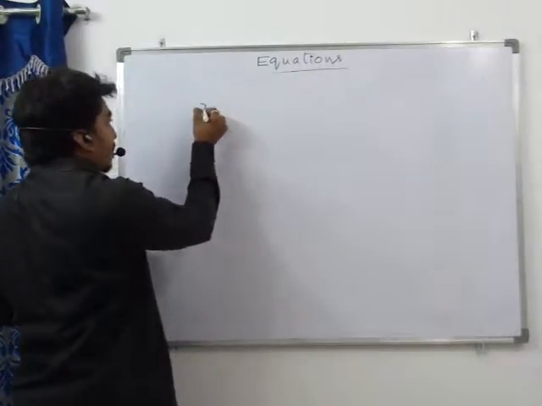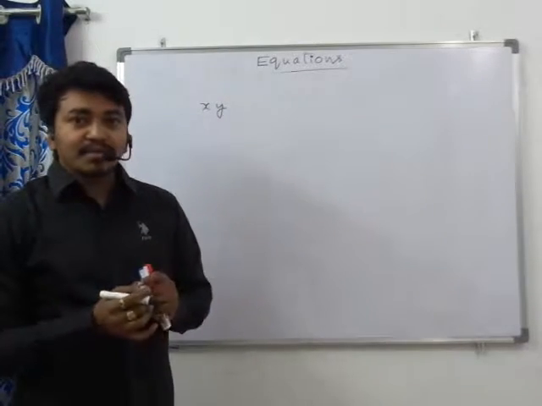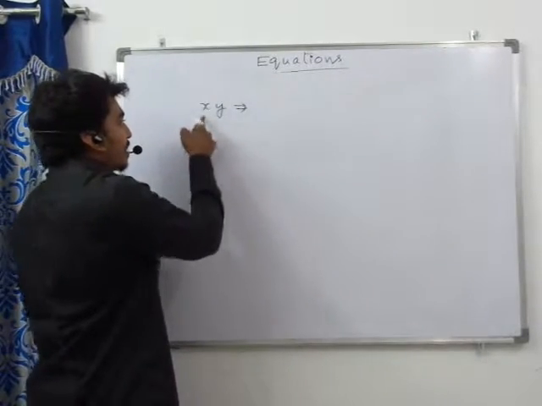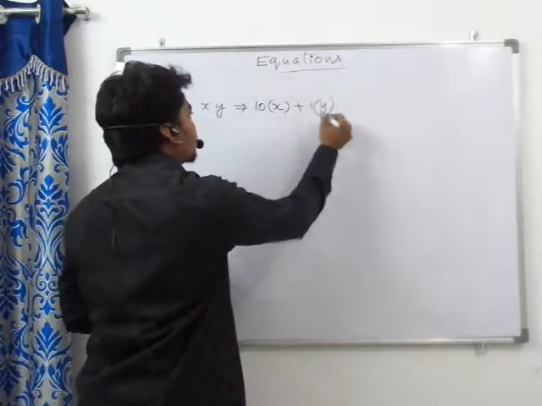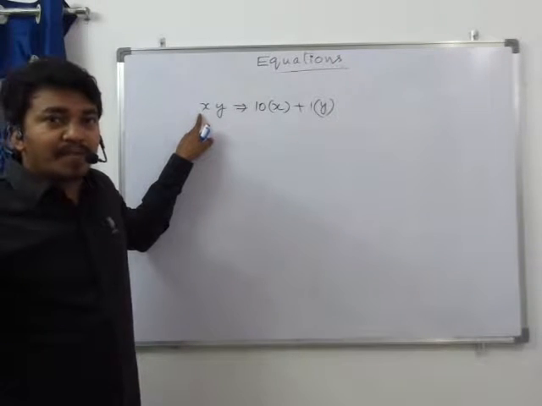So if we have a number, let us take xy. How can we express it in terms of face value and place value? You can write this number as 10 into x plus 1 into y, because we are trying to express it in terms of place values.